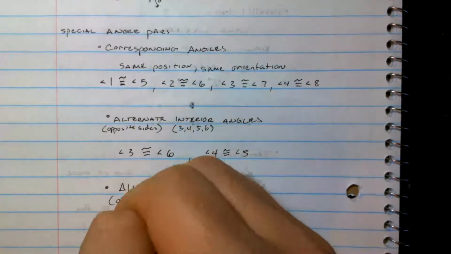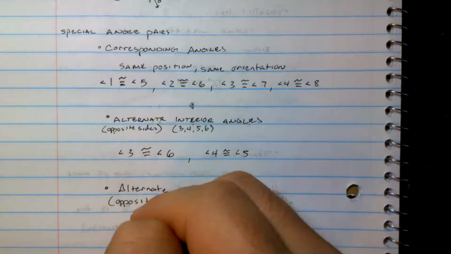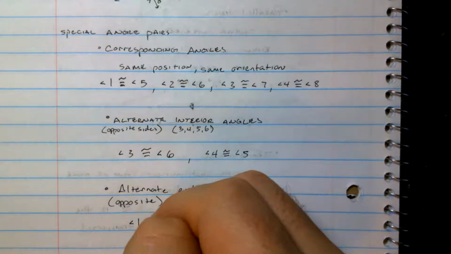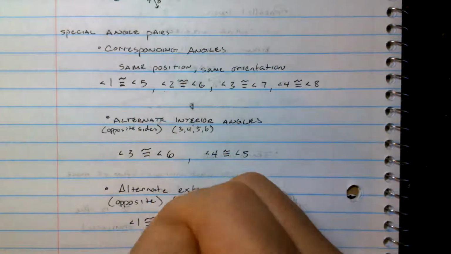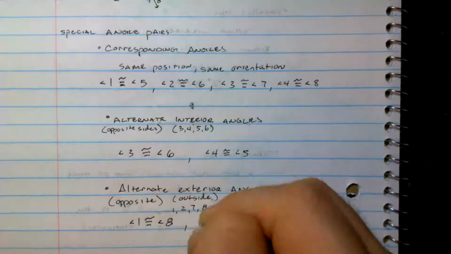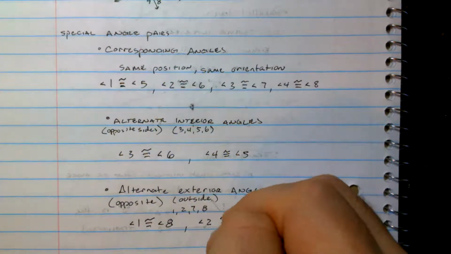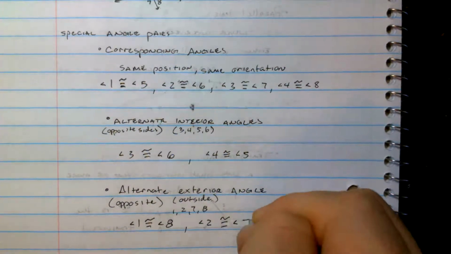That means angle 1 and the opposite outside angle, angle 8, are congruent, as well as angle 2 is congruent to angle 7.